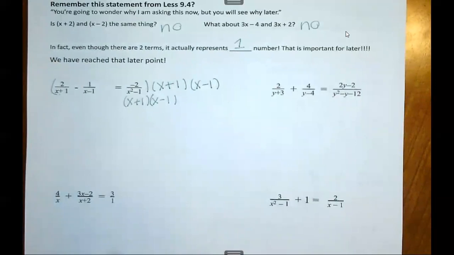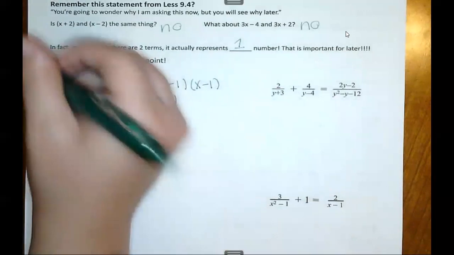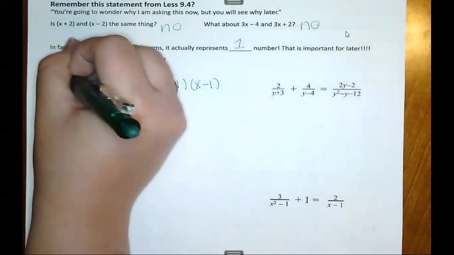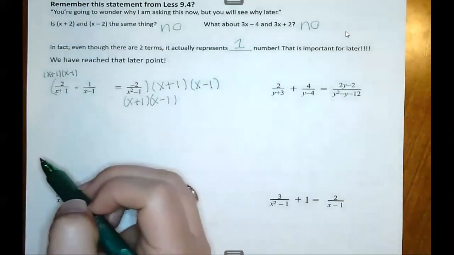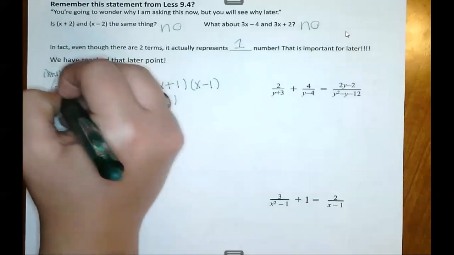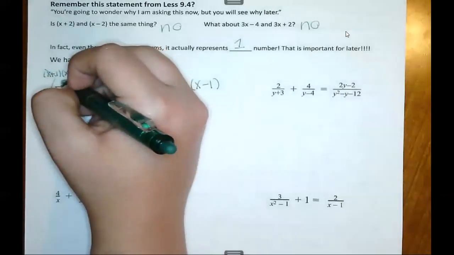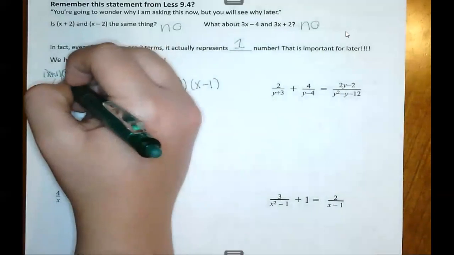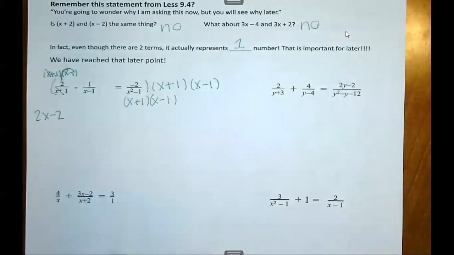Okay, so it may help to write what you are doing over each one for now. So remember, we're multiplying this times x plus 1, x minus 1, just on this very first fraction here. Well, when we divide by the bottom, those cross out. So then I just have to multiply the 2 in. So 2 times x would be 2x, and 2 times negative 1 is negative 2.